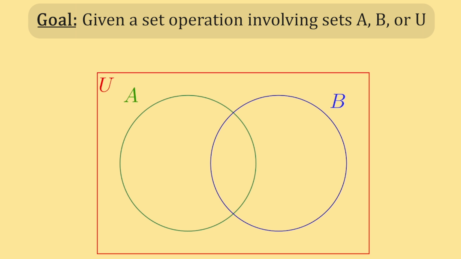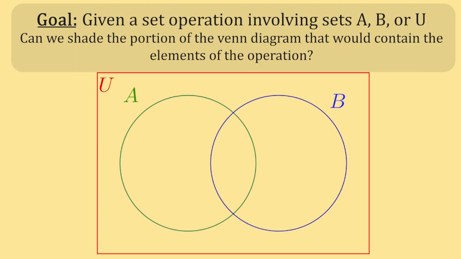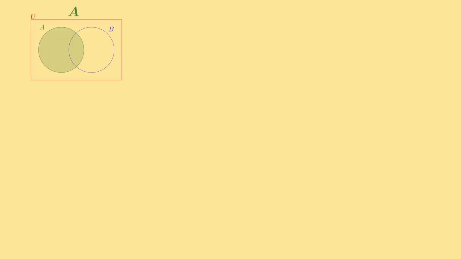Our goal here is that if we're given a set operation containing set A, B, or U, can we shade in the portions of this Venn diagram that would contain the elements of the operation? Quickly, let's go through a few examples where we're going to shade in the part of this Venn diagram that matches the set operation given. Set A would contain all the elements found within this shaded circle. Set B would contain all the elements found within this shaded circle.